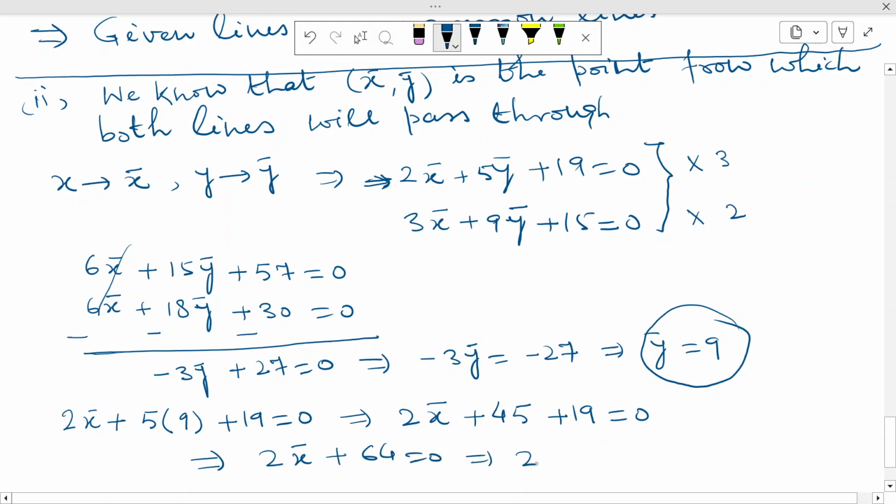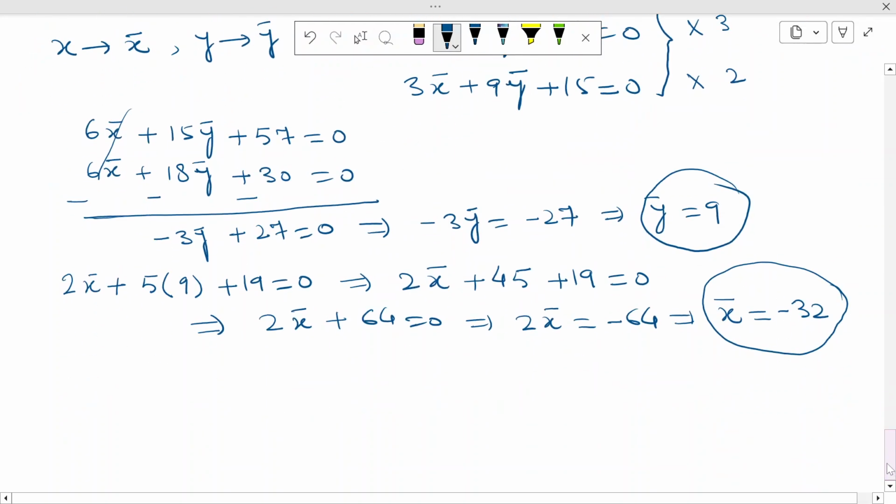From here we obtain 2x bar as minus 64, which finally gives the value of x bar as minus 32. So this is how we can obtain the mean. The mean for the x variable is minus 32, or you can also say that this is the expectation of x.